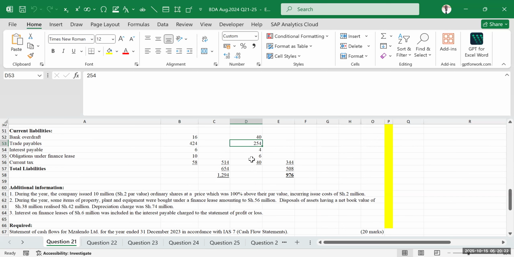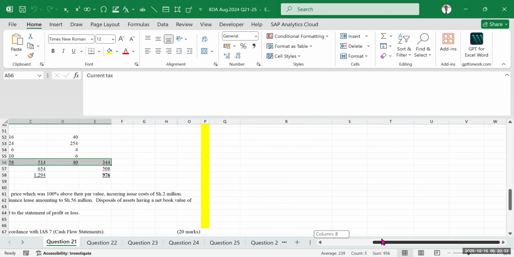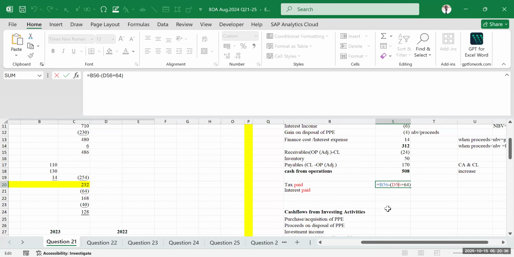When we talk about adjustments, the easier way to explain them is on, for example, current tax. I gave you an example where we already did the tax paid, right? If I activate that tax paid, you will see I told you to treat tax and interest as liabilities.